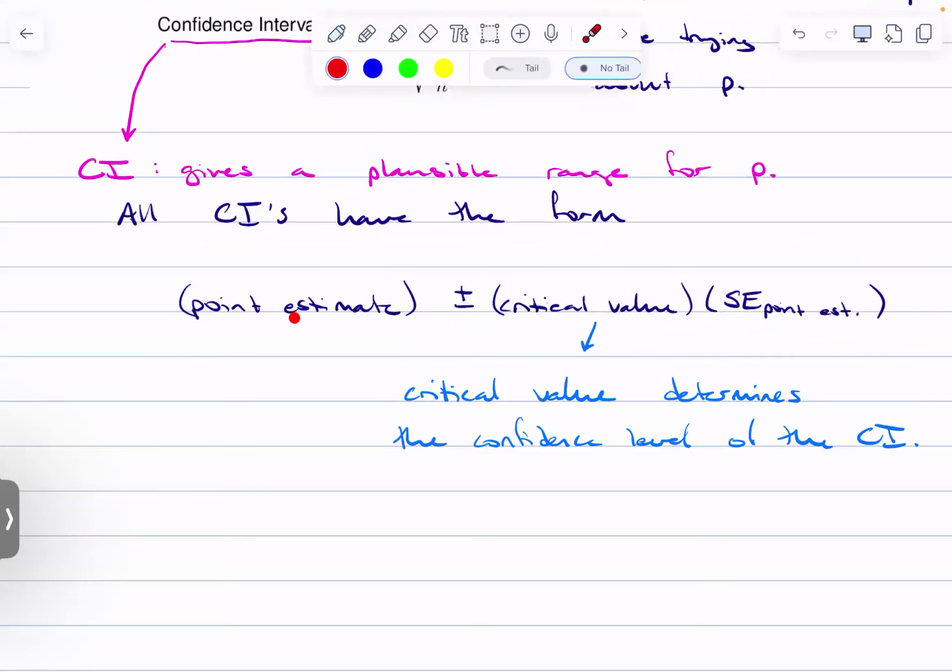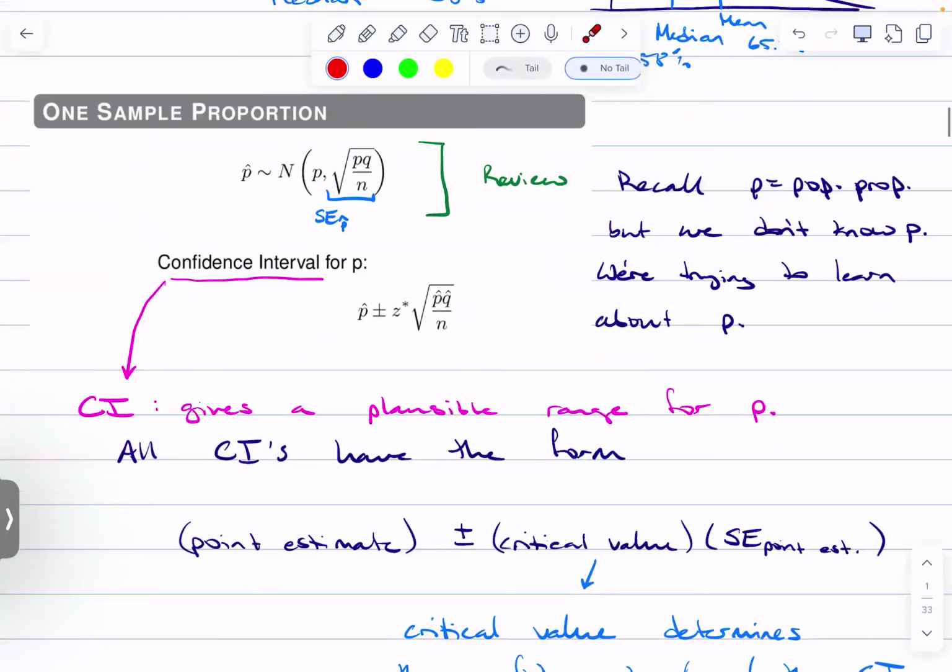Otherwise, the point estimate is just from your sample. You only get one sample, so that's not going to change. From this point estimate, we'll be able to calculate the standard error of the point estimate, which is why we need this theoretical distribution, and it shows up in the formulas on your formula sheet.